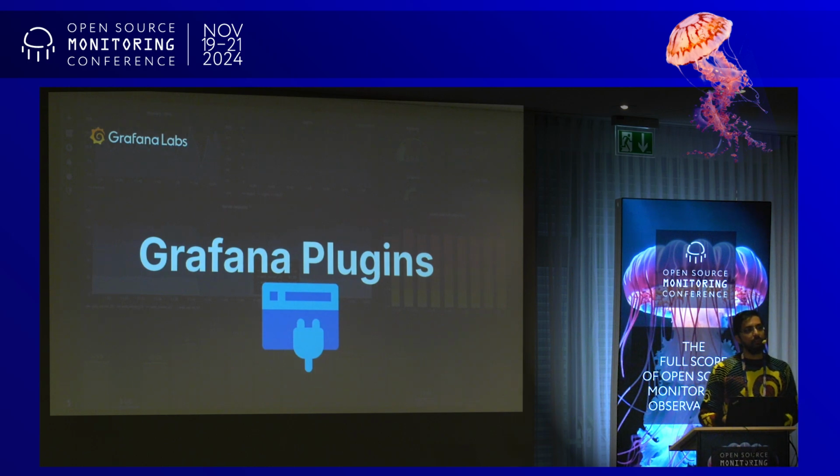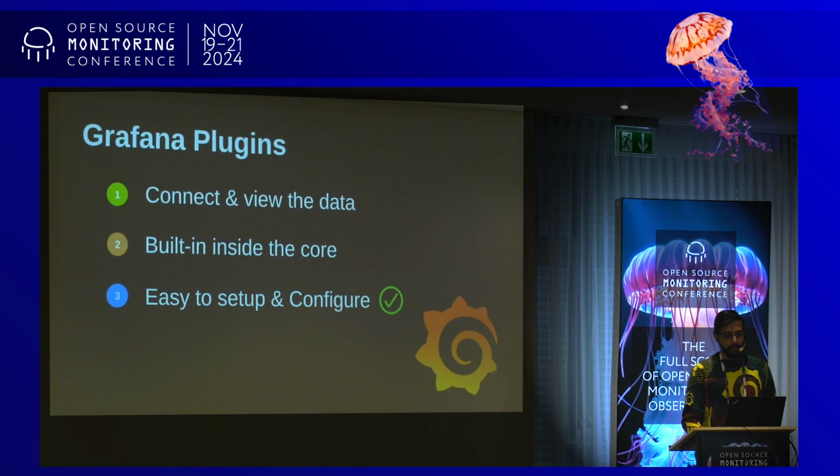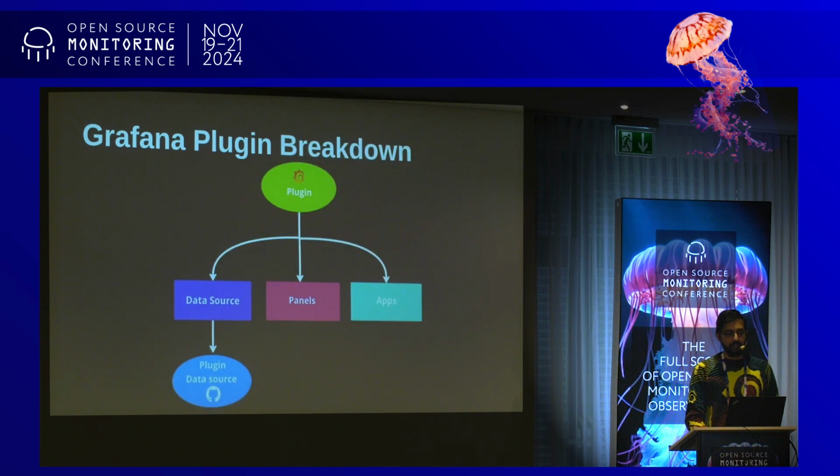Now we will go a little bit deeper on the Grafana plugins. A plugin is basically a way to connect and view the data. Most of these plugins are built inside the Grafana core, and it is very easy to set up and configure. If we break down the plugin, there are three different types: data source, panels, and apps. Today we're going to talk about only data source, which is the GitHub Data Source plugin.